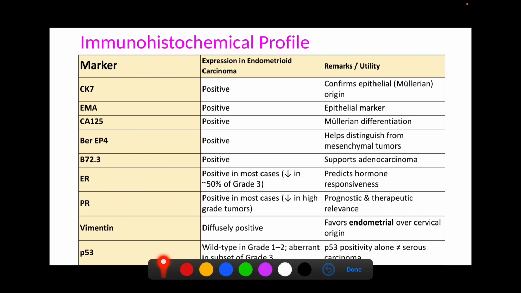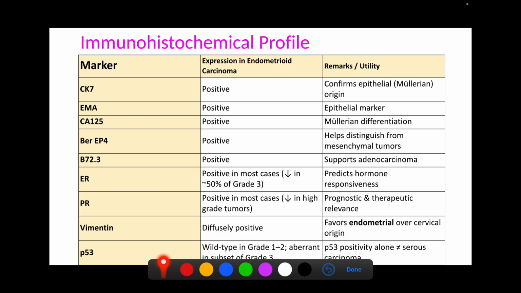Now what are the different markers which are expressed in endometrial carcinoma, like CK7, which confirms Mullerian origin, EMA, epithelial marker, CA125, Mullerian differentiation, and BerEP4 positive, it distinguishes from mesenchymal tumors, and B72.3 positive, it supports adenocarcinoma.